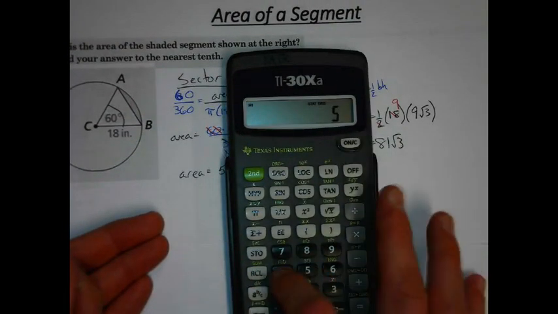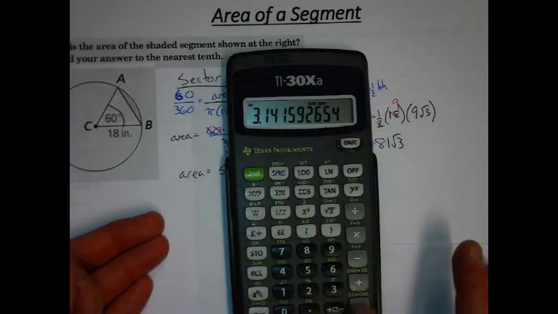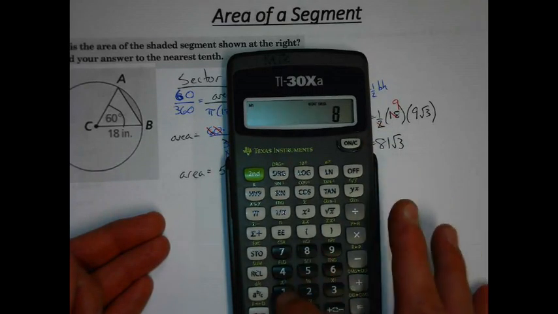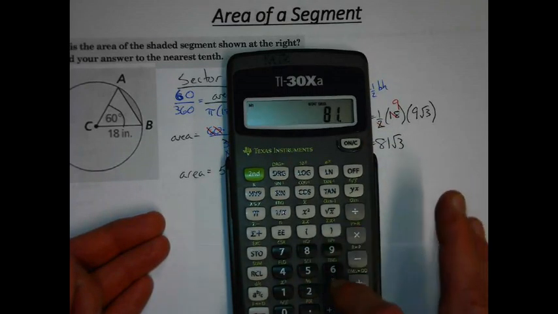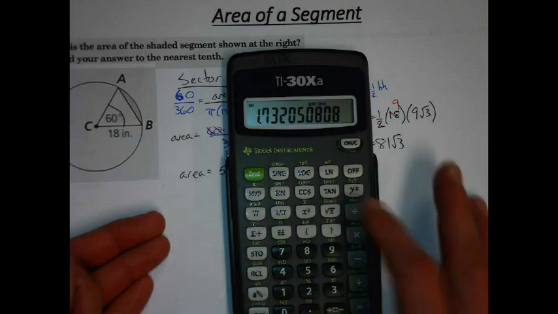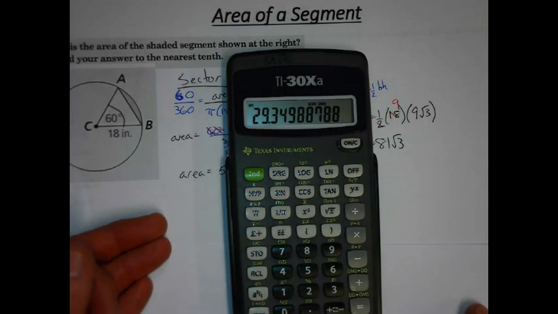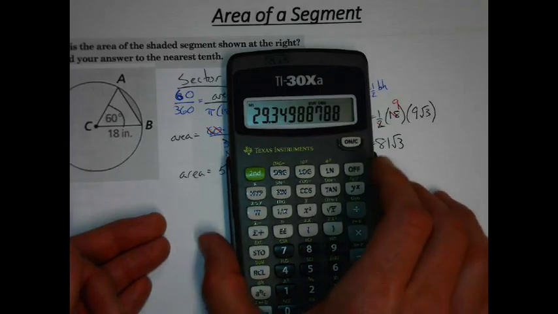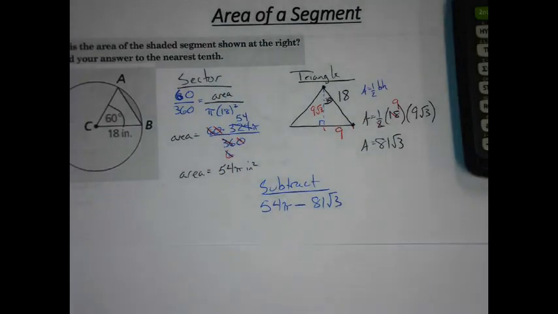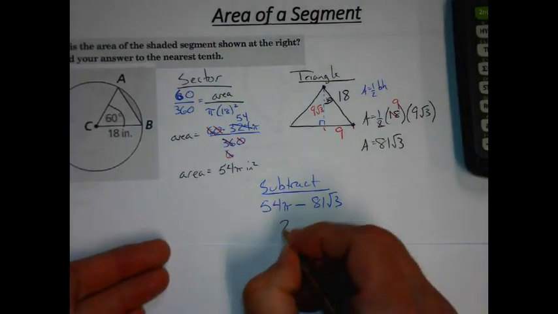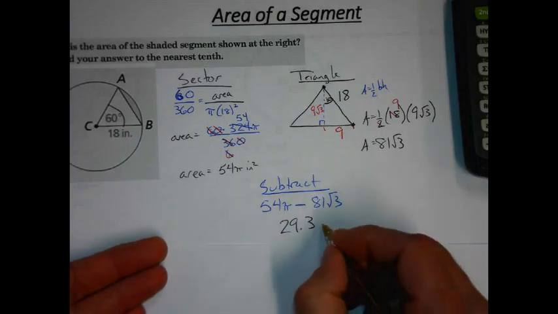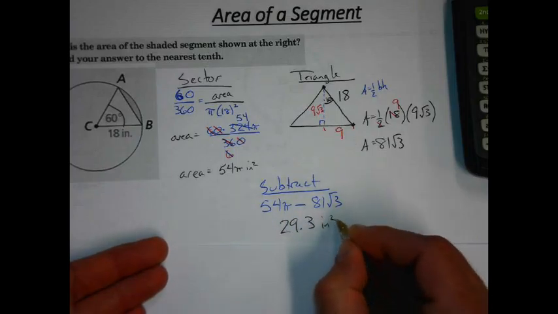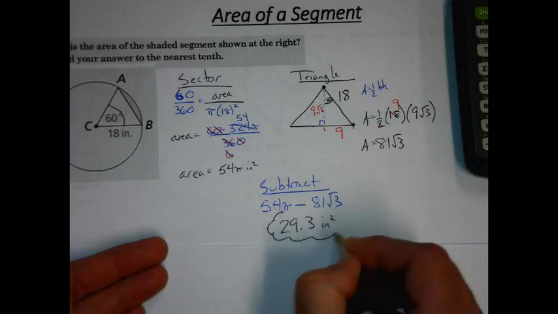How will we do that? 54 times pi, minus 81 times the square root of 3, equals, and we end up with about 29.3 cubic units. And so that would be the area of that segment. So 29.3 square units. Sorry, I don't know why I said cubic. In this case, it'll be square inches.